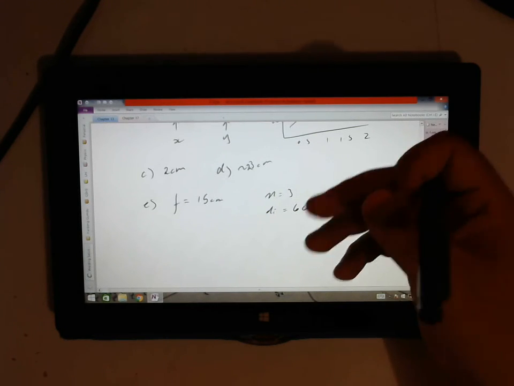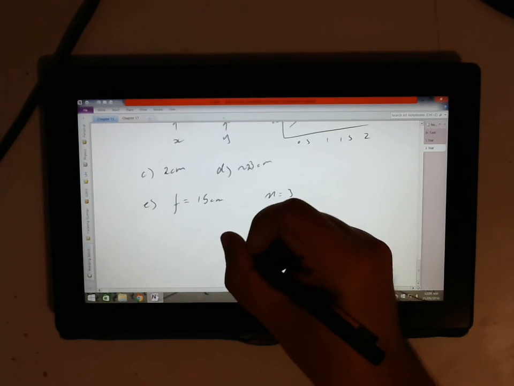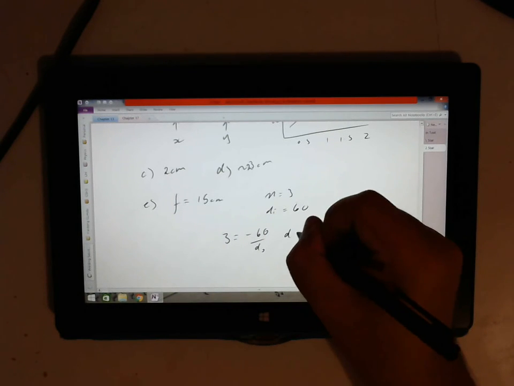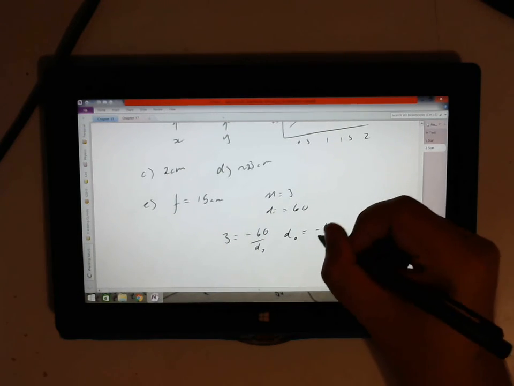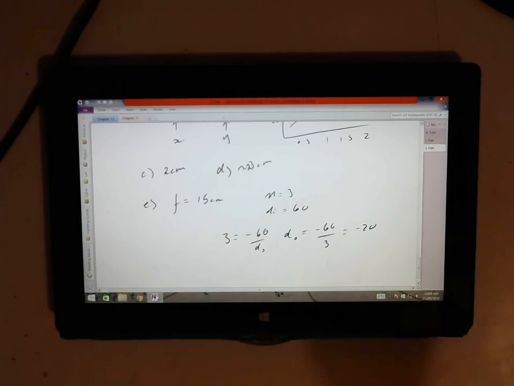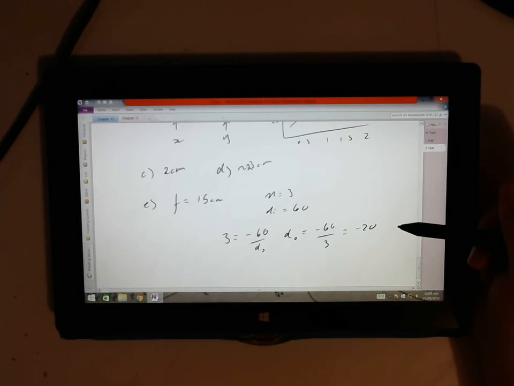We don't know this yet, so let's see what happens. Let's assume that m is positive to begin with. So 3 equals negative 60 over dO. So dO equals negative 60 over 3 equals negative 20. Well, that doesn't make sense. We've got a concave mirror and we're putting the object behind it. That doesn't work at all.